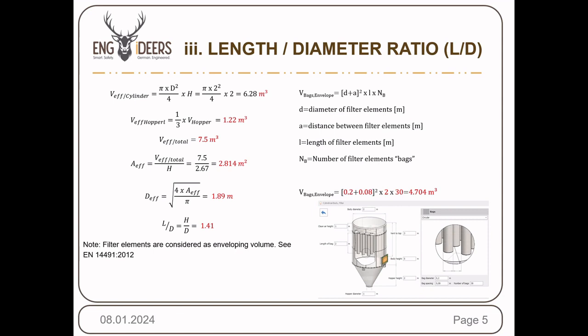Then you can deduct the enveloping volume, which we do here as well. We have a certain equation for that, which is given on the right side and used in the calculation. And then we get the volume of the bags envelope, which we will be deducting from the raw gas side volume, which is the conical part and the cylindrical part up to the separation plate.